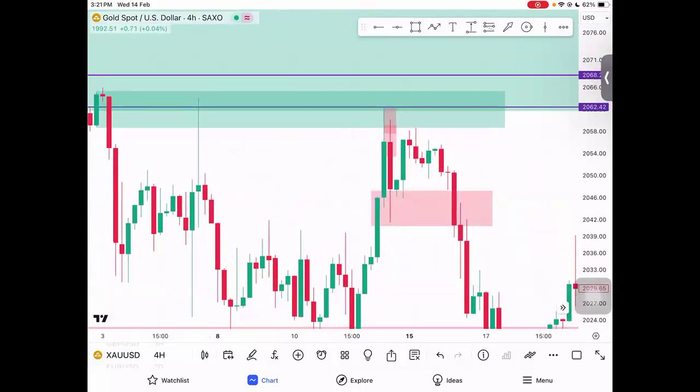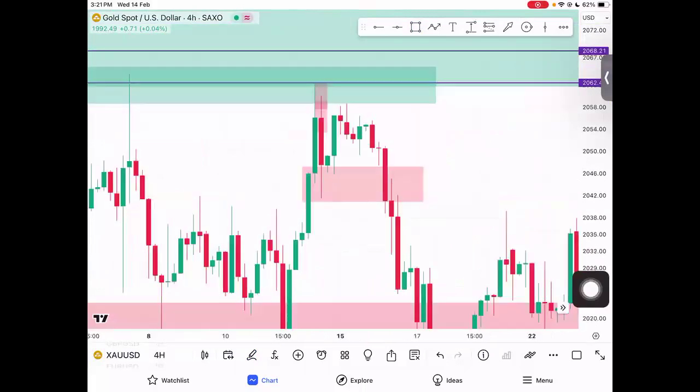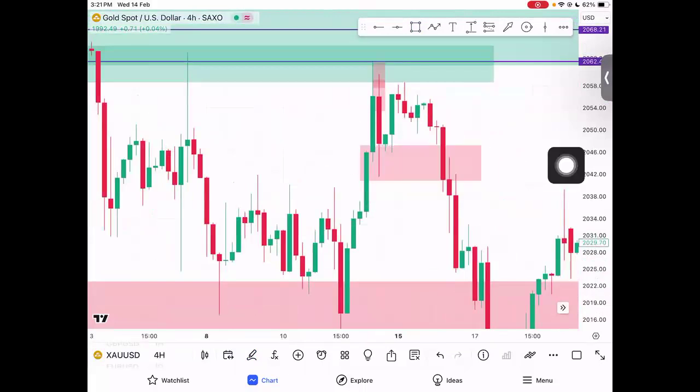And why is that a dominant zone? Meaning dominant, the lower time frame has EG inside here. Okay, but how do you know?